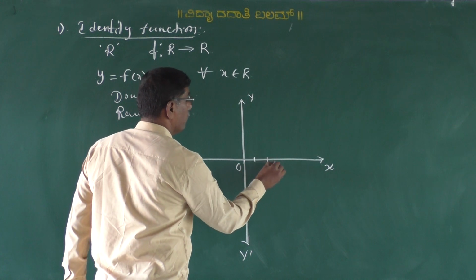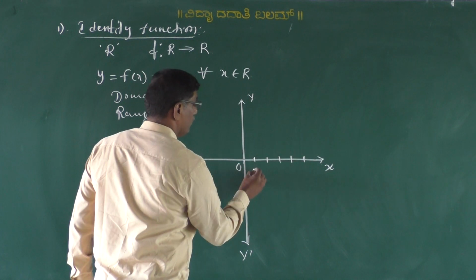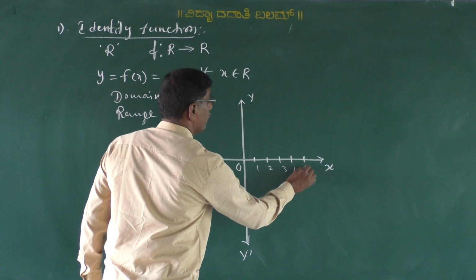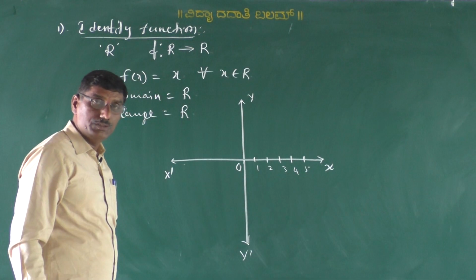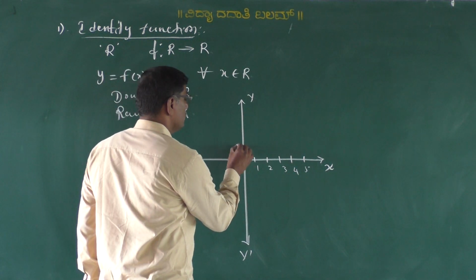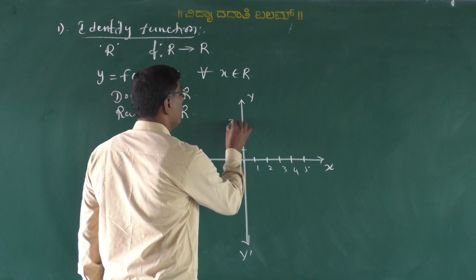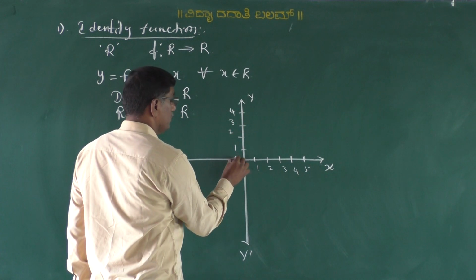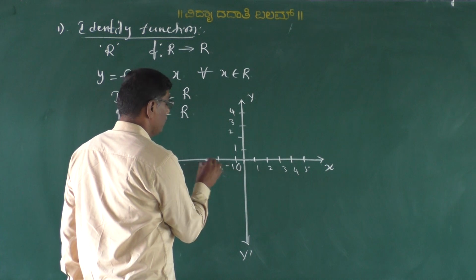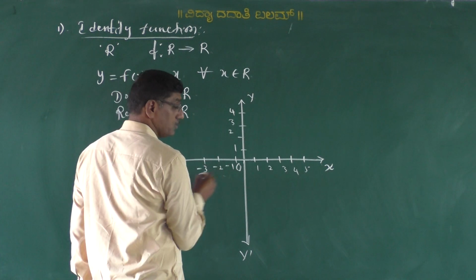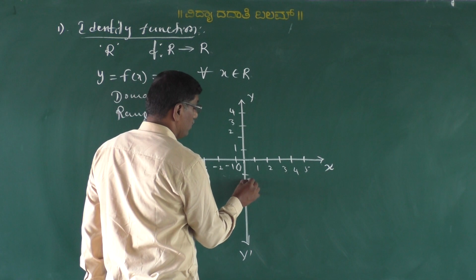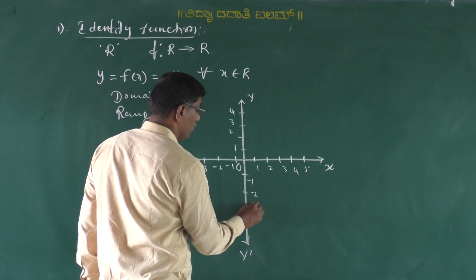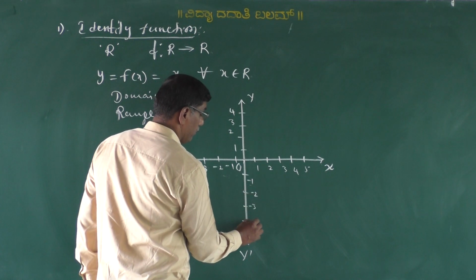Now 1, 2, 3, 4, 5 on the x-axis. Now this is 1, 2, 3, 4 on the y-axis. This is minus 1, minus 2, minus 3, so on. This is also minus 1, minus 2, minus 3, minus 4.